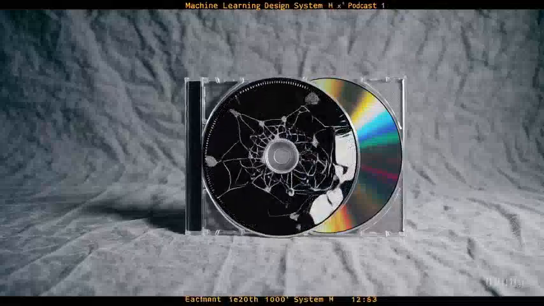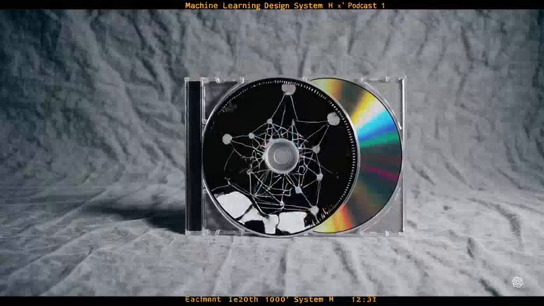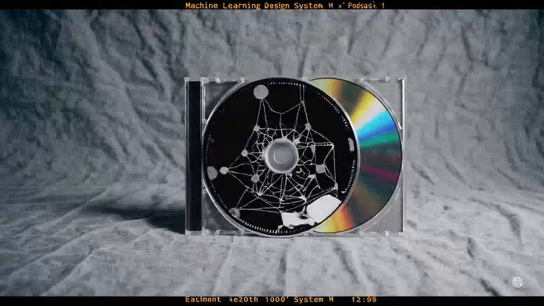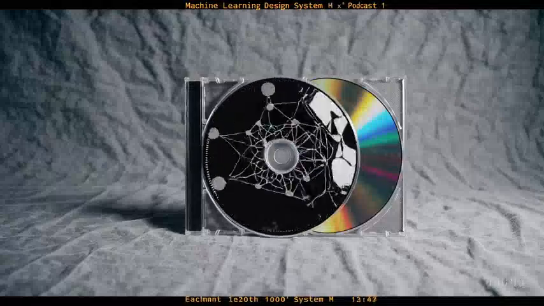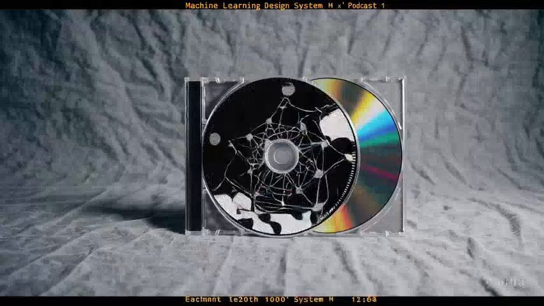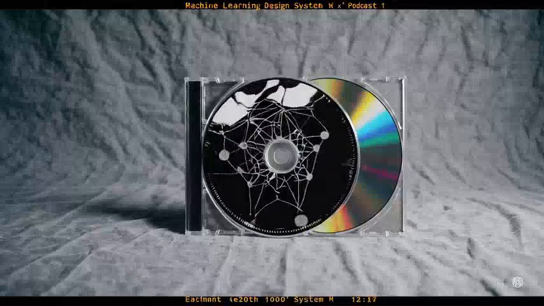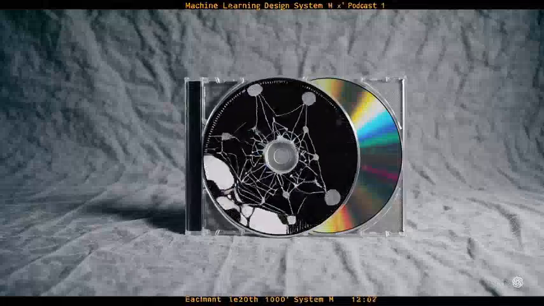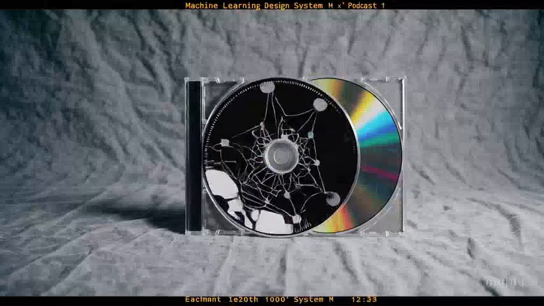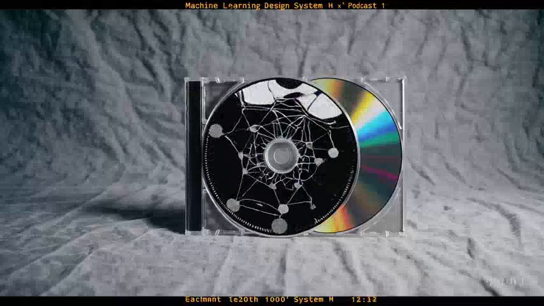Exactly. Keras is a simpler way to use TensorFlow. It's an API. API? Application Programming Interface. Basically, it's a set of tools that makes it easier to write code. So, Keras makes TensorFlow easier to use?